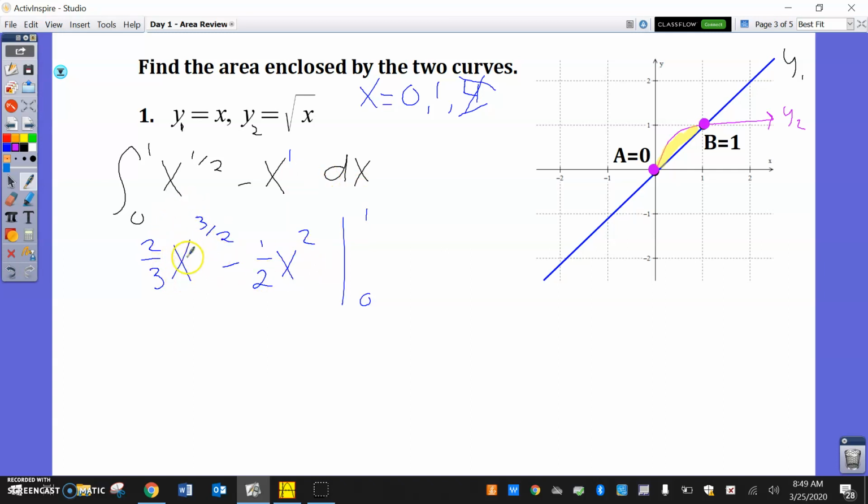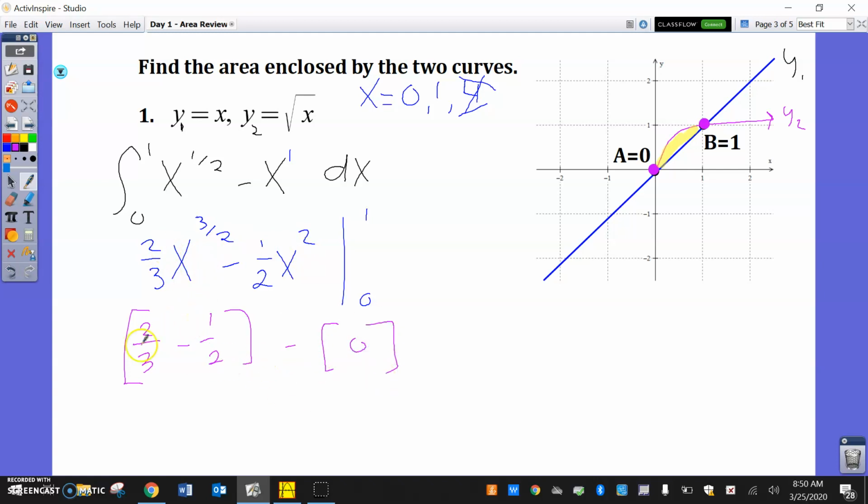So here, x to the 3/2, when I plug in 1, that's just going to give me 1. Same thing with x squared. So this is just going to end up being 2/3 minus 1/2 when I plug in 1. When I plug in 0, both of these are going to be 0, so it's just going to give me 0 for the second part.